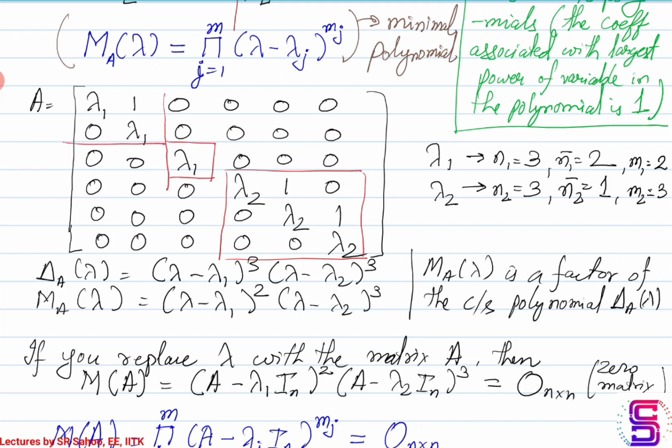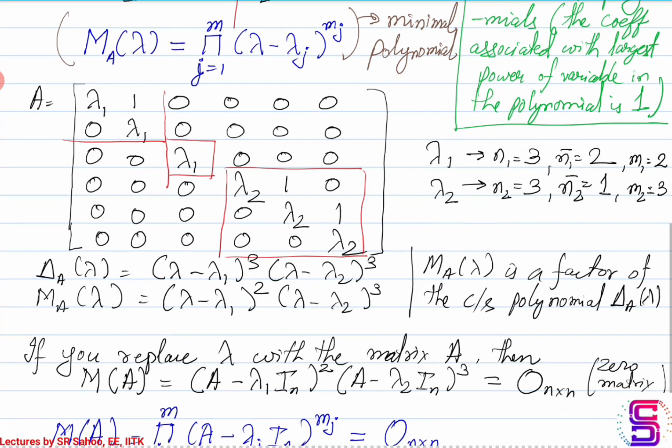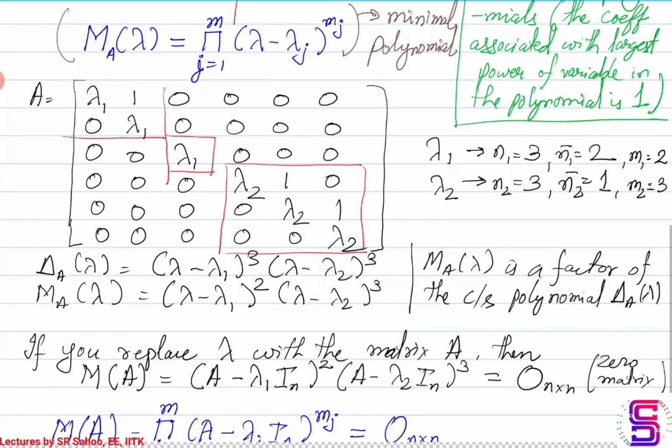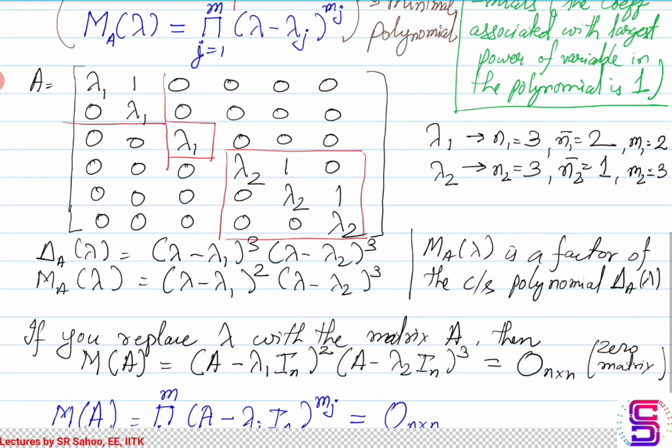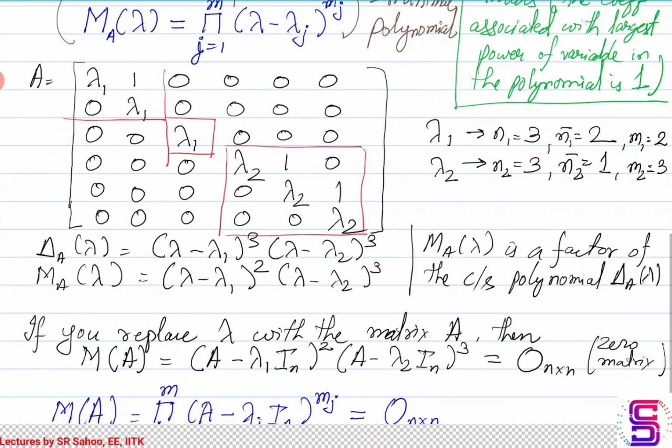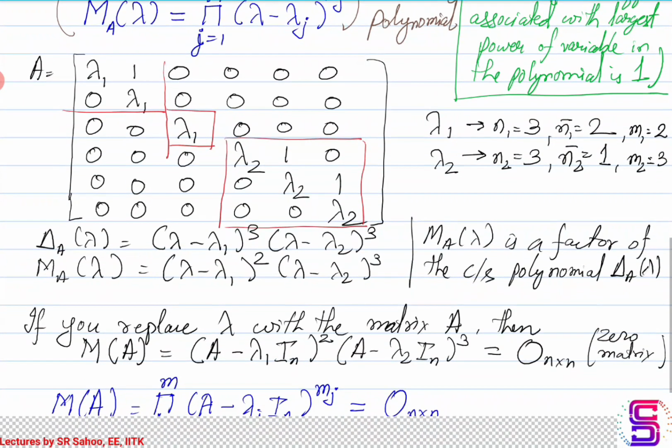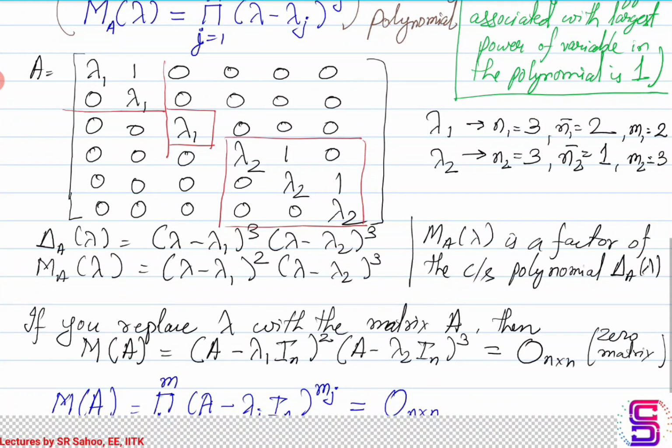If you take a polynomial which is lambda minus lambda 1 multiplied by lambda minus lambda 2 cubed and generate a matrix polynomial out of it by substituting the same A, then it will not give you the 0 matrix. The moment you multiply another factor of lambda minus lambda 1 onto it, it results in the 0 matrix.